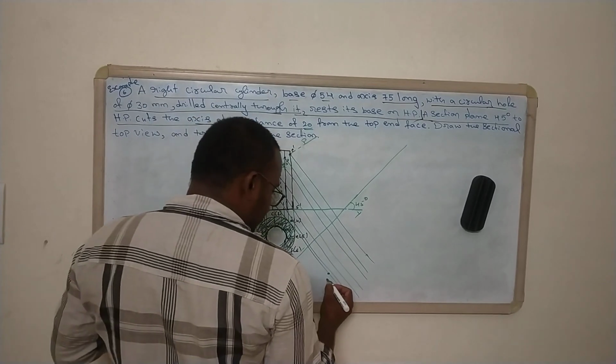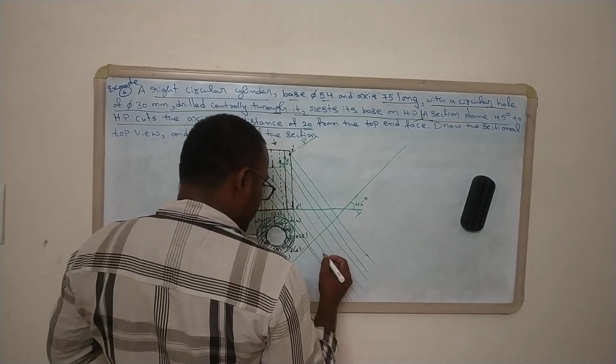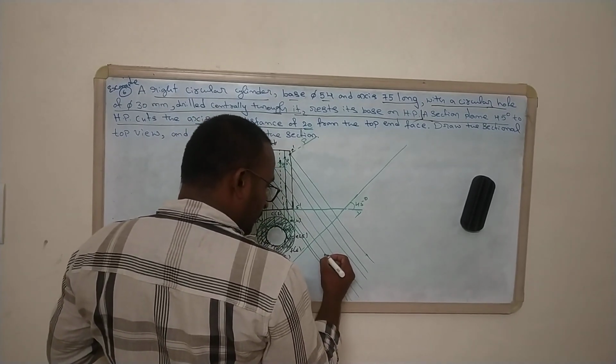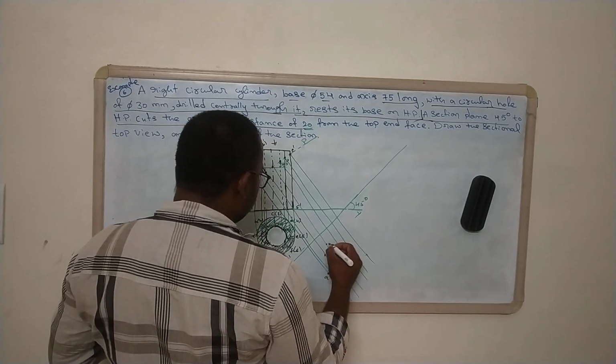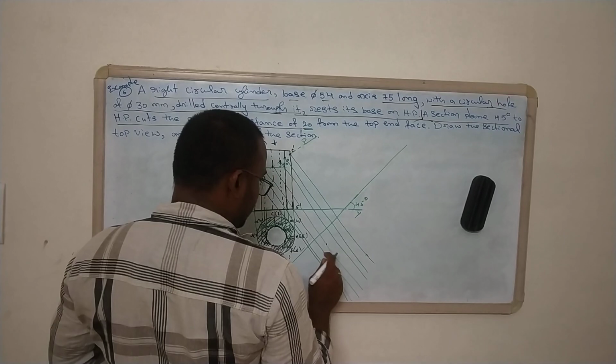So here it is A, B, that is the center point C.